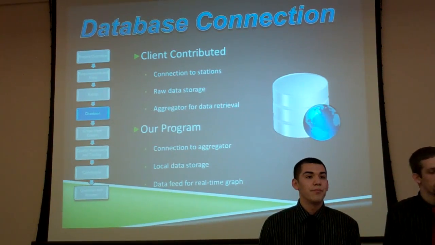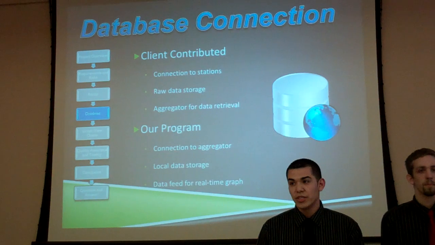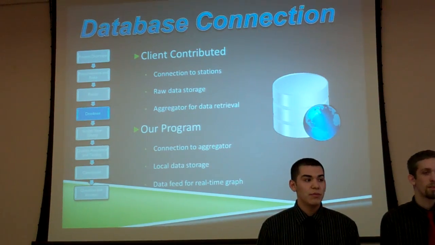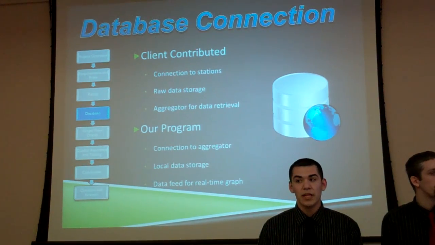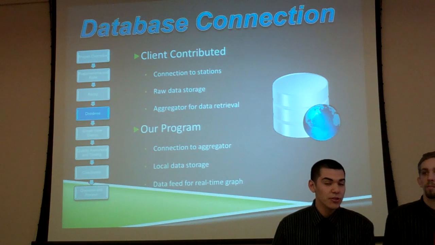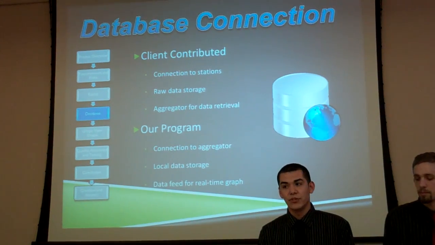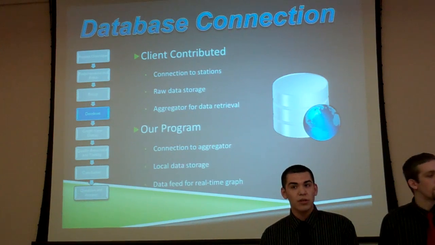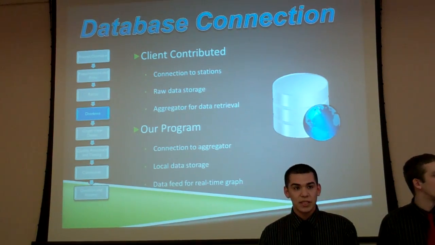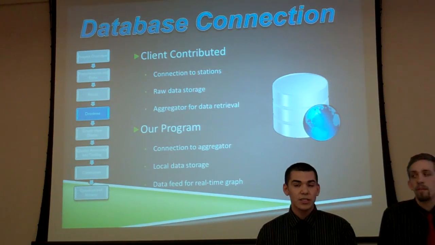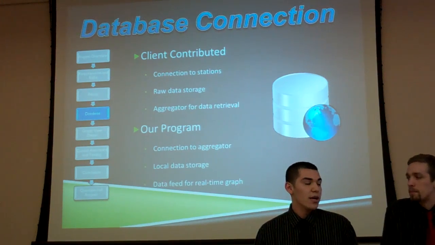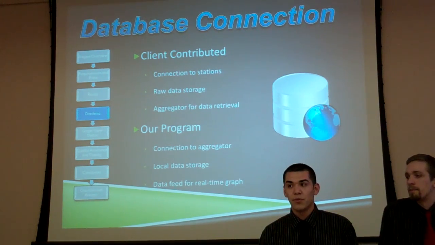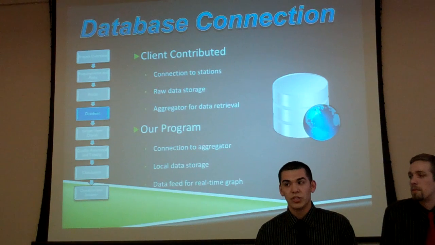As mentioned earlier, the main purpose of our application is to provide the user a visual representation of the data that is being collected in real time. In order to do this, the data must flow through a series of steps before we're actually passing it on to our graphs. At the start of our project, our client already had a system in place that would connect to the stations that are out in the field and store the data that is being collected from those stations in their large database.